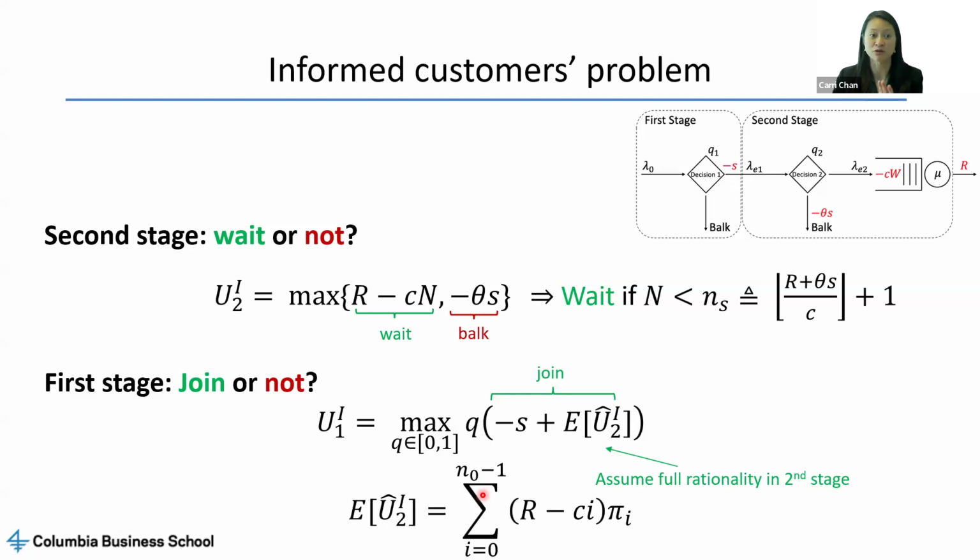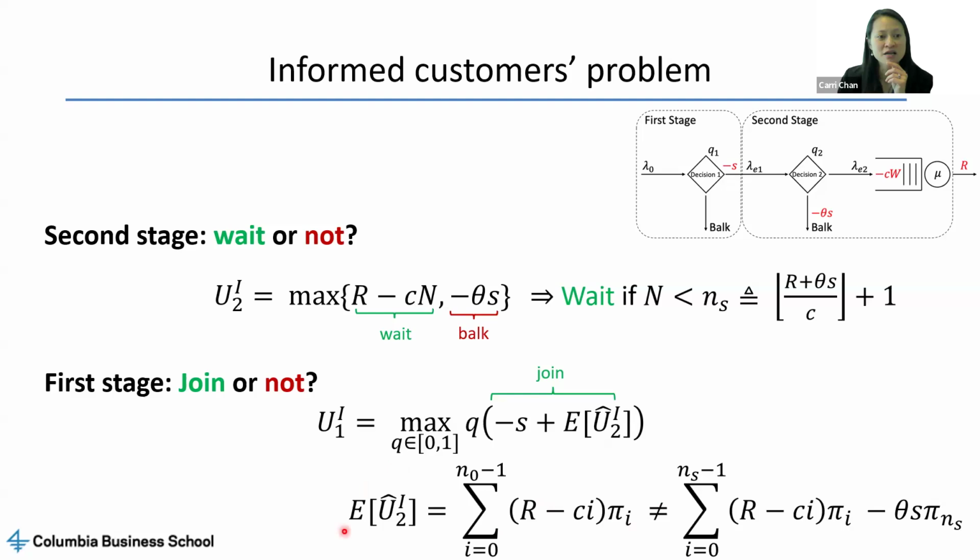The sunk cost makes you more willing to stay. So this expected utility, if you're fully rational, is not the actual expected utility that you're going to get with the actual threshold and that sunk cost that you're going to pay for leaving.